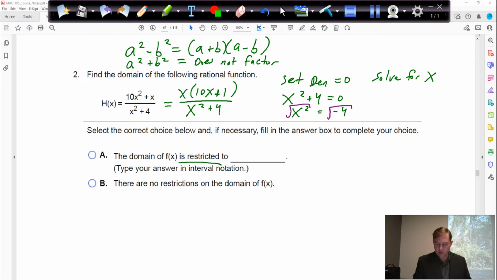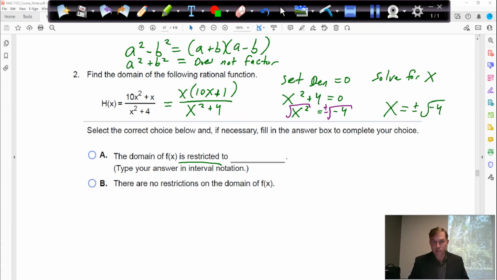I said if you're taking a square root, you need to add the plus or minus. So we get x equals plus or minus the square root of minus 4.